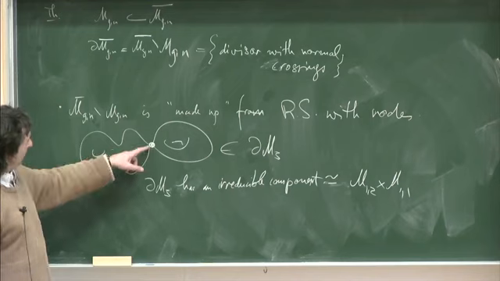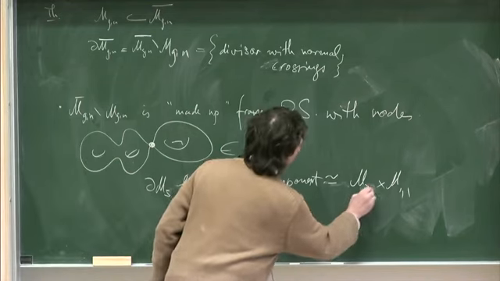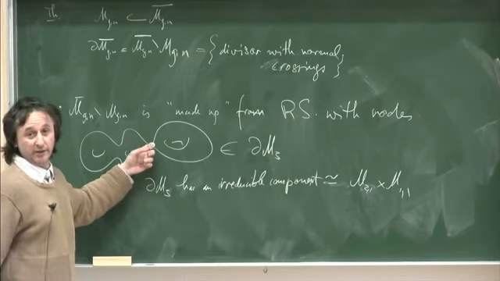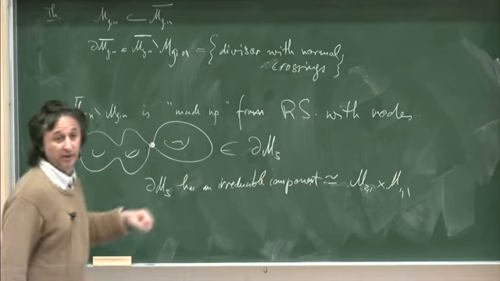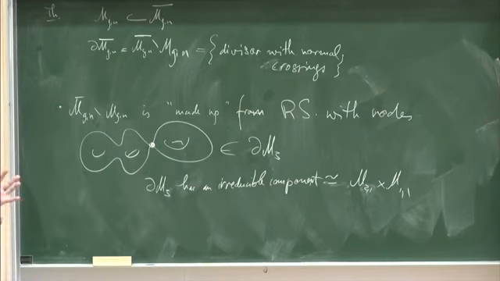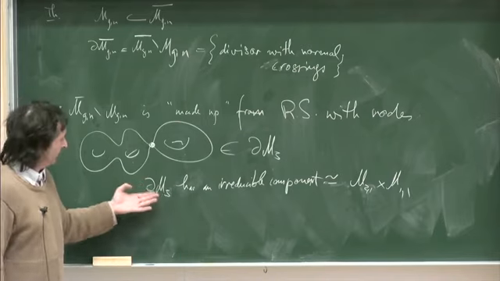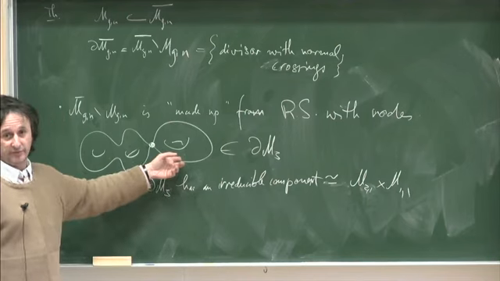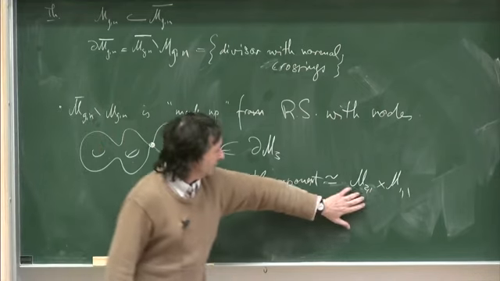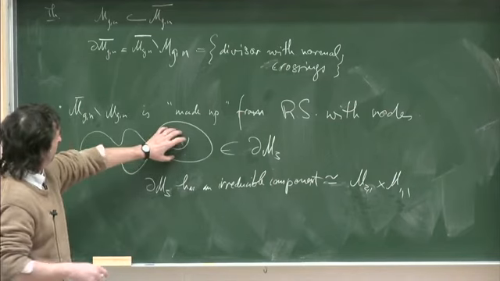This is genus 2 with 1 marked point, and this is M_{1,1}. Inside this divisor, one of the components is this, because you can vary this and you can vary this.